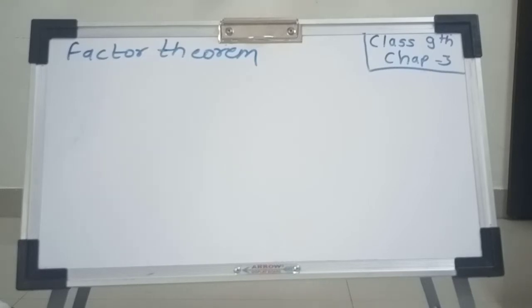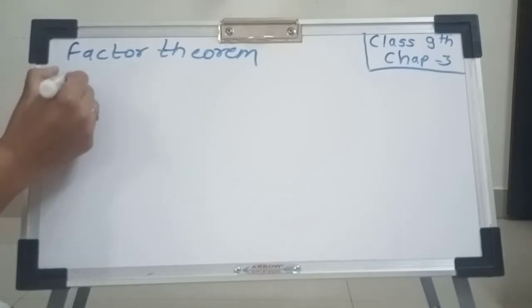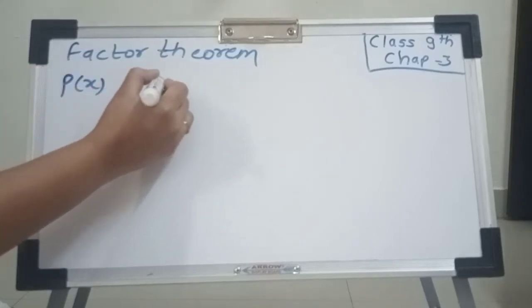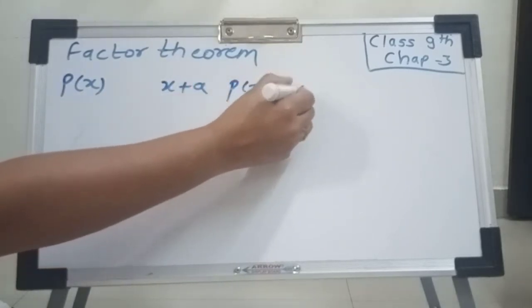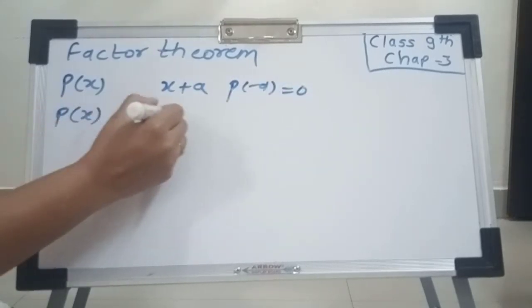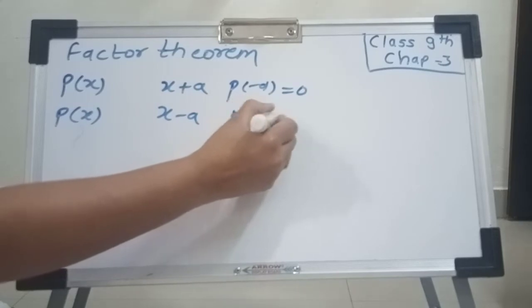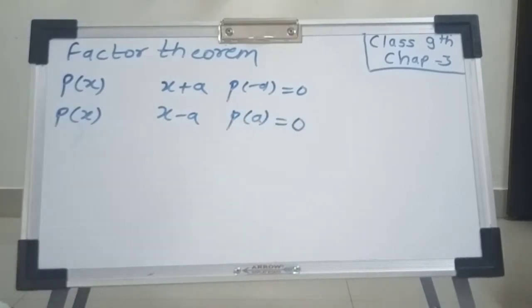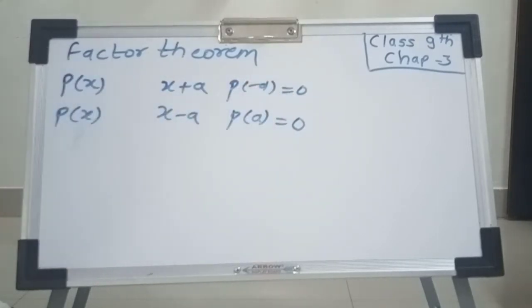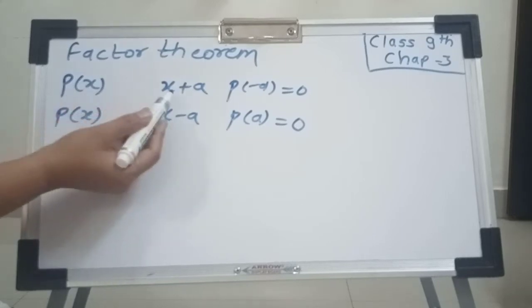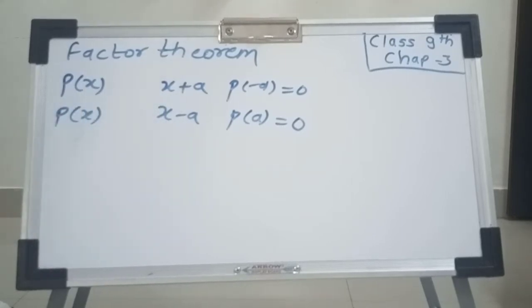If P(x) is a polynomial divided by x plus a, and P of minus a is equal to 0, then x plus a is a factor of P(x). Similarly, when P(x) is divided by x minus a and P of a is equal to 0, then x minus a is a factor of P(x).